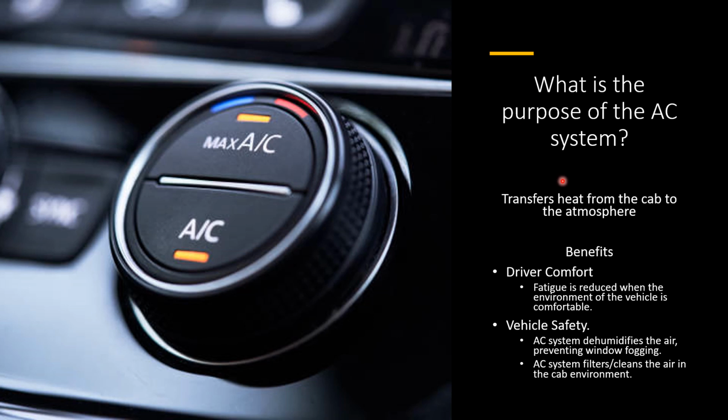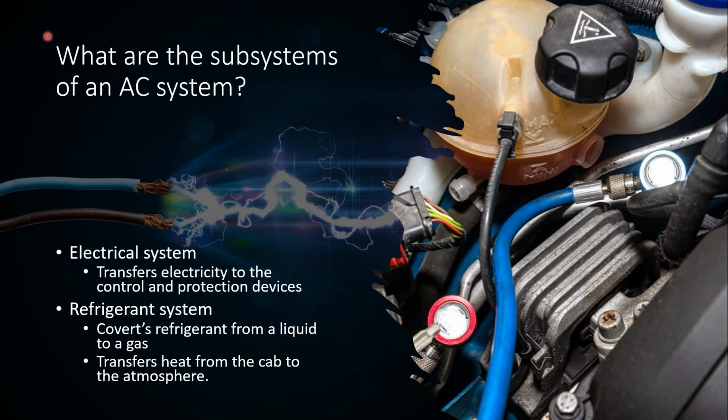Now, the primary purpose is to transfer the heat from the cab to the atmosphere. The AC system is composed of a couple of subsystems. The first one is the electrical system. The electrical system is going to transfer electricity to the control and protection devices, and then you're going to have the refrigerant system, which is going to convert refrigerant from a liquid to a gas, and then from a gas back to a liquid.